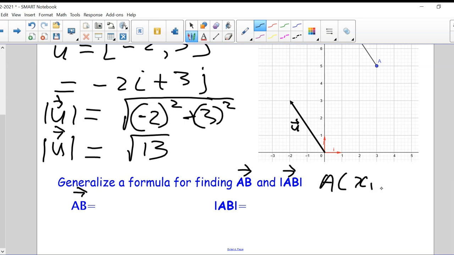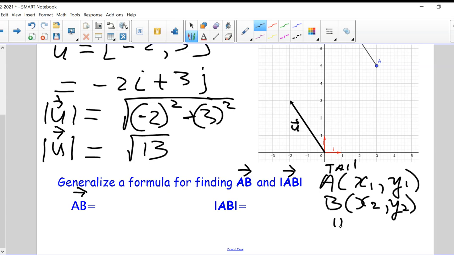Let's call this x1, y1. This would be the tail of the vector. And then the other point is the point B, which we'll call x2, y2, and that would be the head of the vector, the ending of the vector. So what do you think is a generalized formula for finding the vector that runs between A and B?